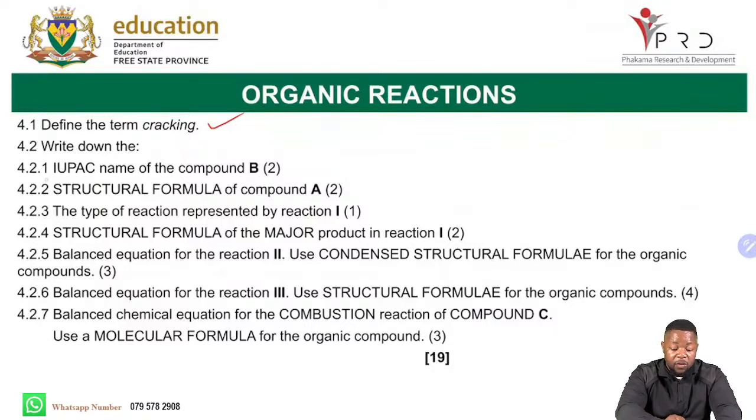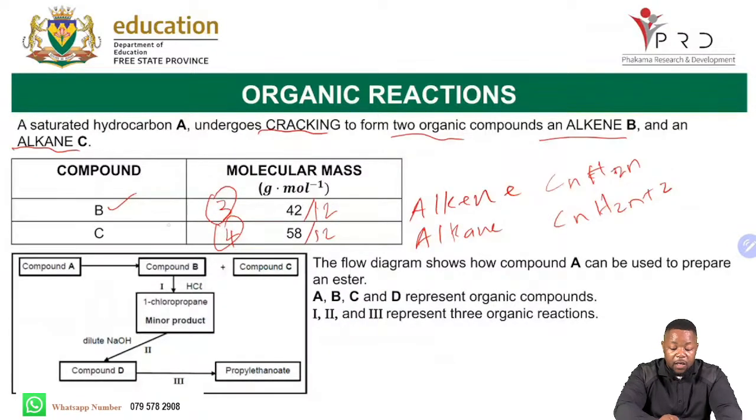And then the next question says the IUPAC name of compound B. So let's look at compound B. We did tell that compound B has 3 carbons by dividing by 12. And we also know that it's an alkene. So we want to give a name of an alkene with 3 carbons. We also have to refer to the flow diagram.